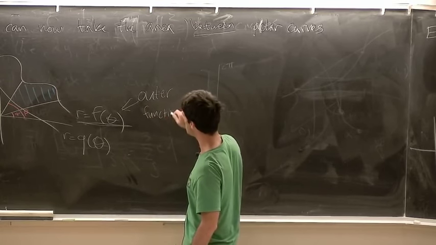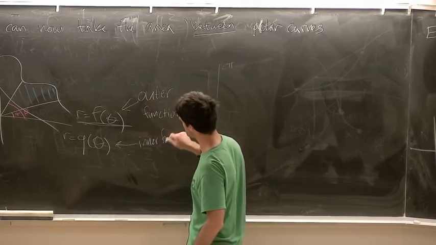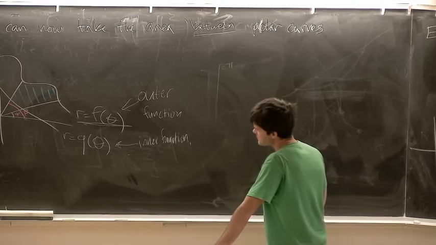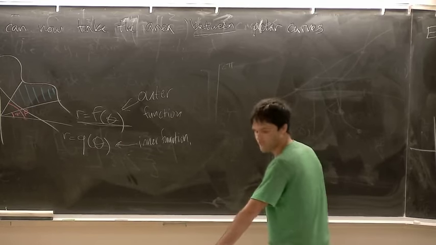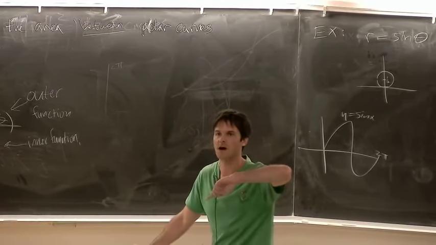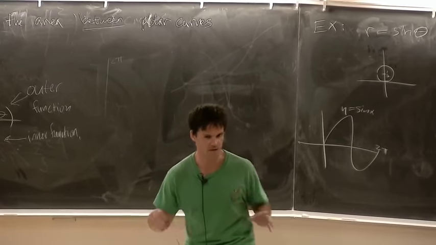And the g is the inner function. Remember I had to make that definition before we could subtract the top from the bottom? The region had to be simple enough in a certain way.